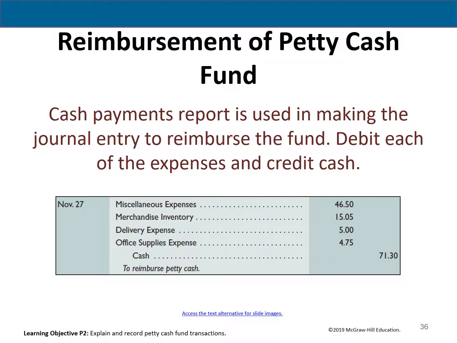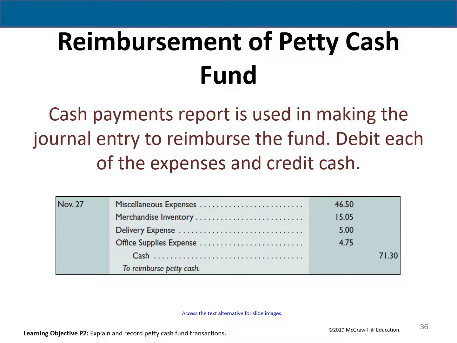So on the day the reimbursement occurs, we're going to debit miscellaneous expenses, $46.50. We did not create a journal entry the day we actually gave the petty cash out. You just kept track of it on a little ticket and put it in your drawer. Merchandise inventory was debited for the transportation they had to pay for. Delivery expense is for the transportation to send merchandise to the customer.